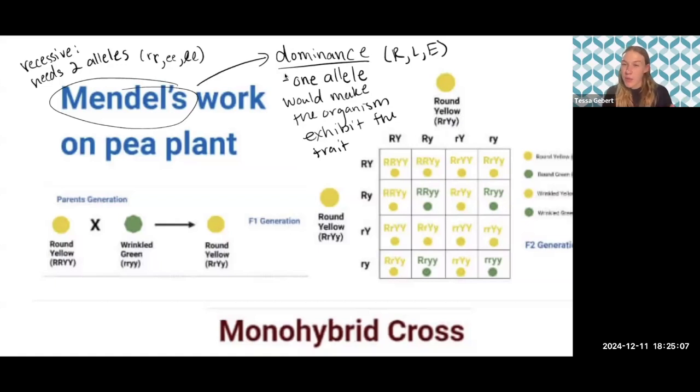He also came up with this idea of independent assortment. Independent assortment is the idea that chromosomes are going to separate independent of each other.